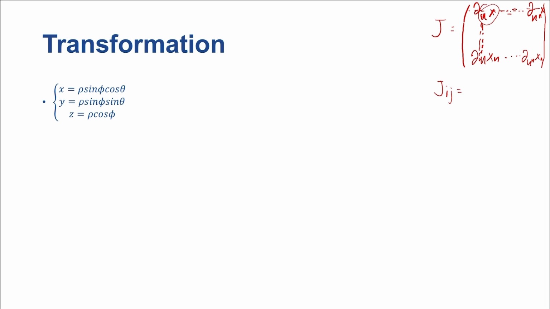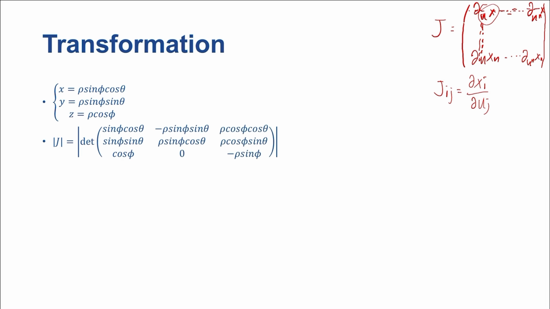So we just have dx sub i over du sub j. That's how we can define it using index notation, which might be a little bit confusing, but it might be easier to visualize it like this. Anyways, we can use a 3x3 case for the transformation using rho, theta, phi from x, y, z.